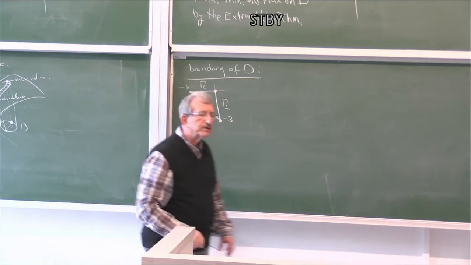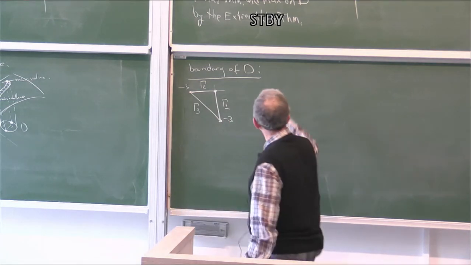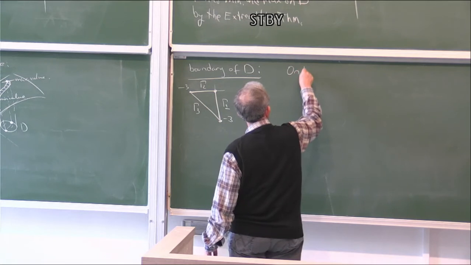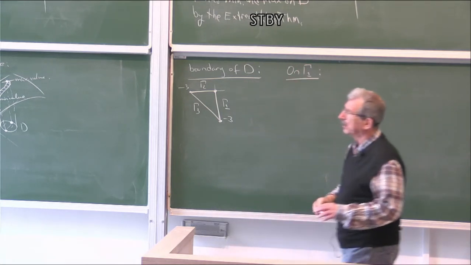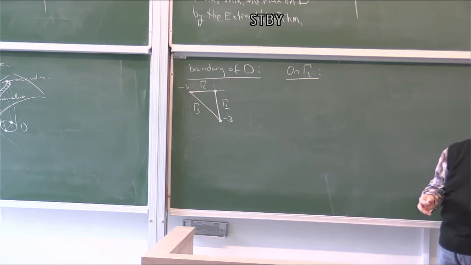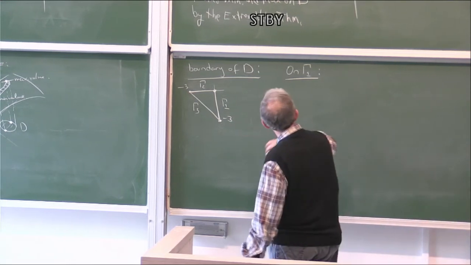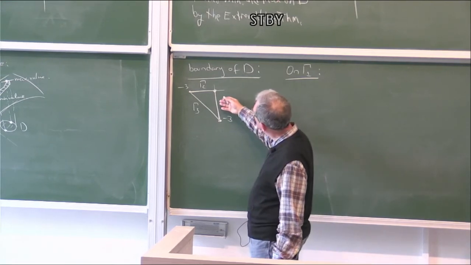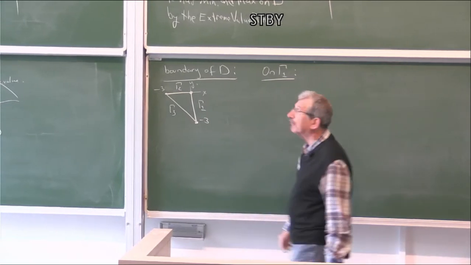Now, these are the boundaries. So we start checking what happens, say, on gamma 1. Now, we can do that because these are straight lines. And gamma 1 is quite simple. Namely, gamma 1 means that the x values are 0.